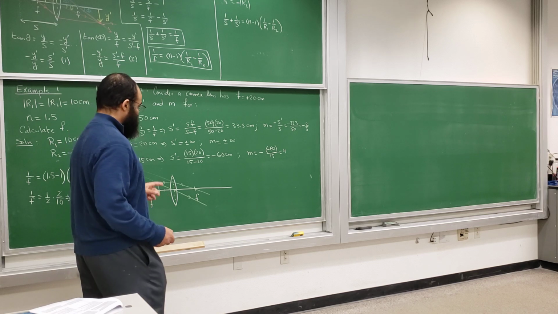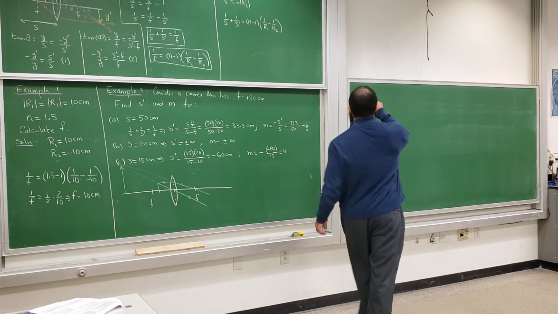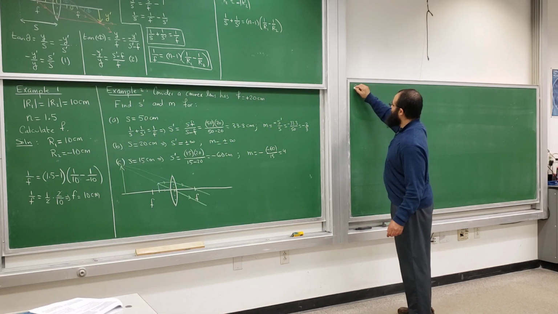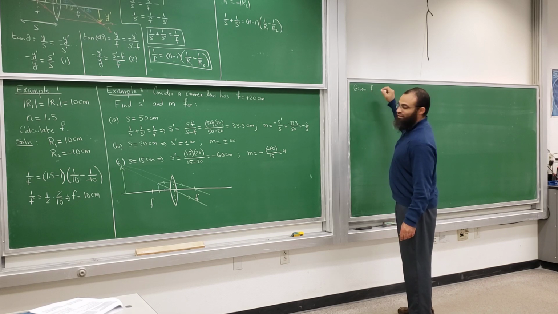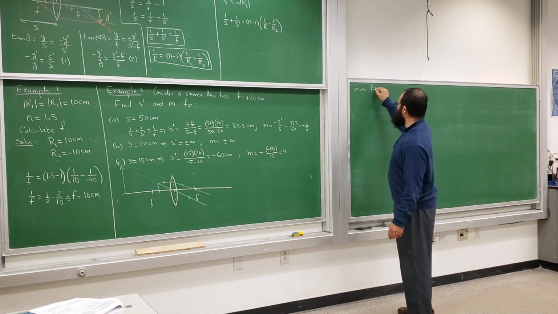So here's what I want. Let me write it. Given F, and F is positive, because it's a converging lens.